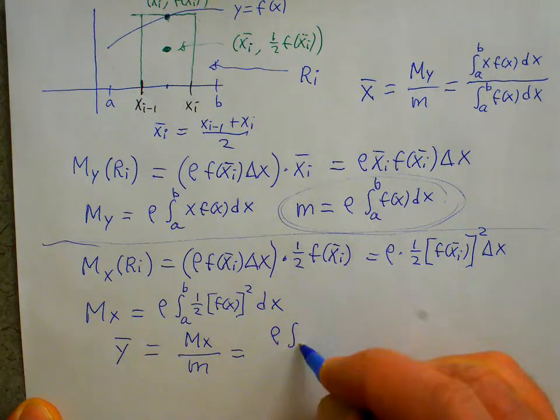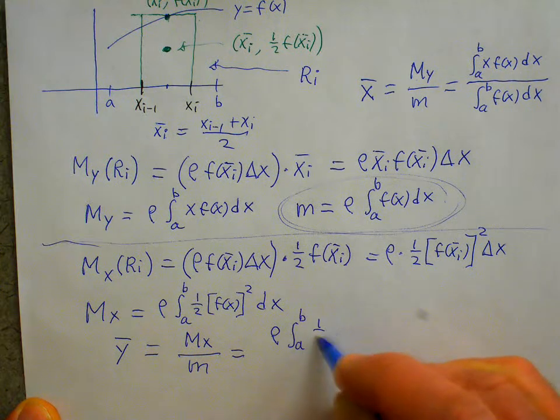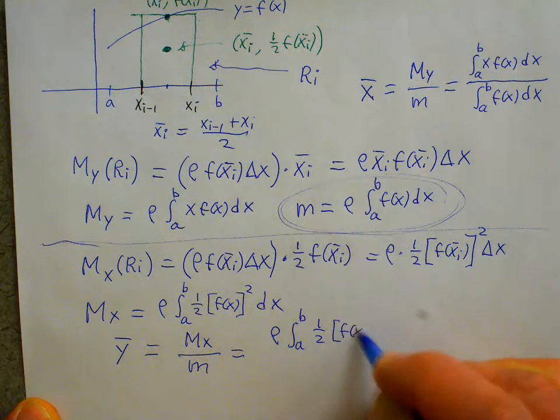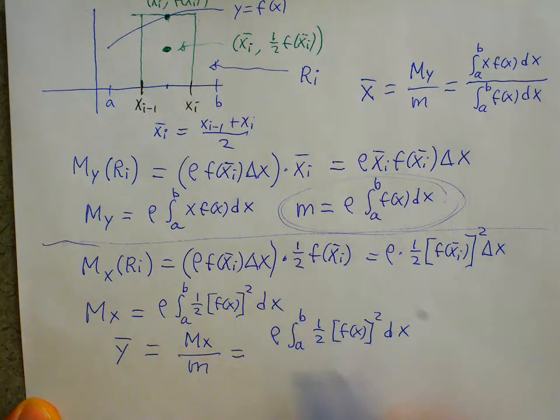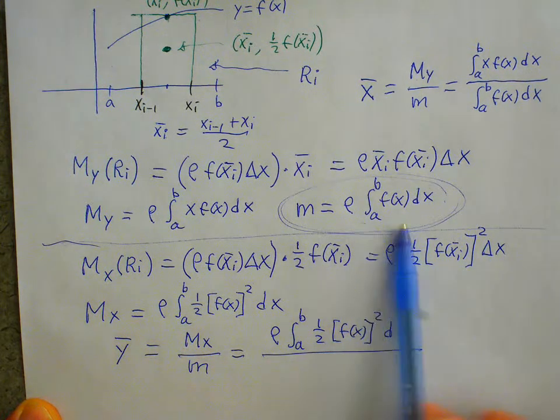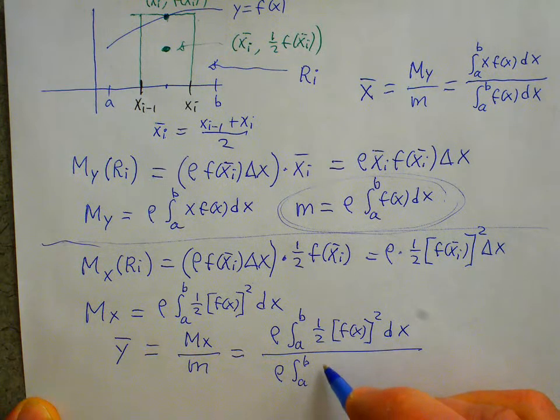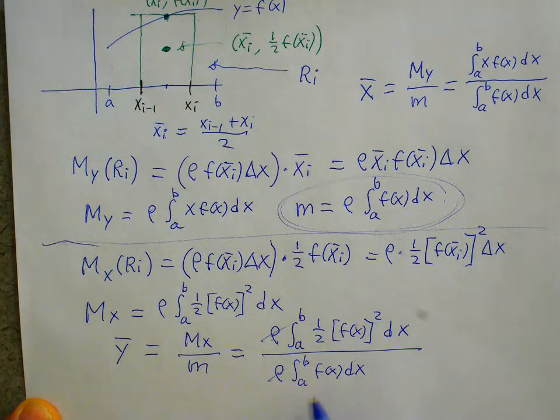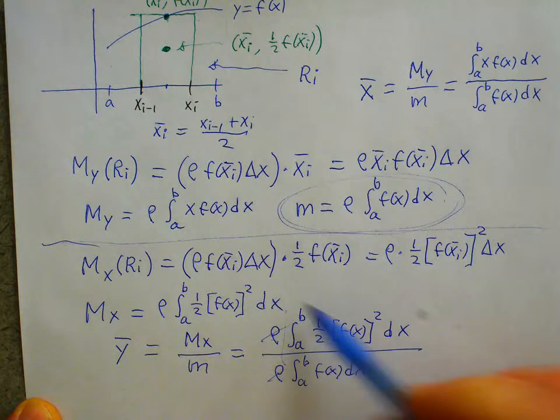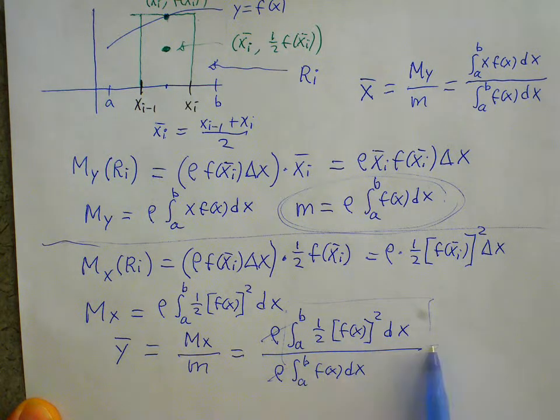Rho times the definite integral from a to b of 1/2 times f of x squared dx, divided by the mass of the entire region, which is rho times the area. And then the rhos cancel each other out. So we can just find the y-coordinate of the center of mass by dividing this definite integral by this one.